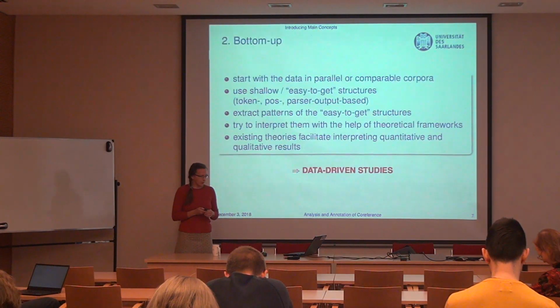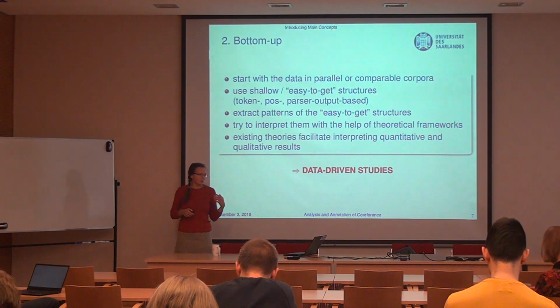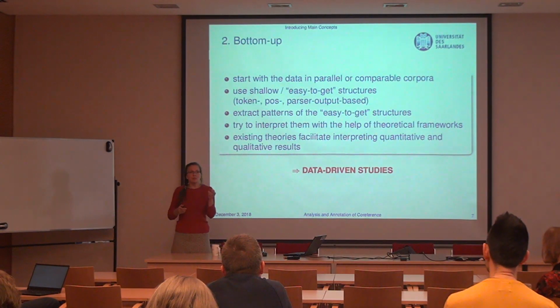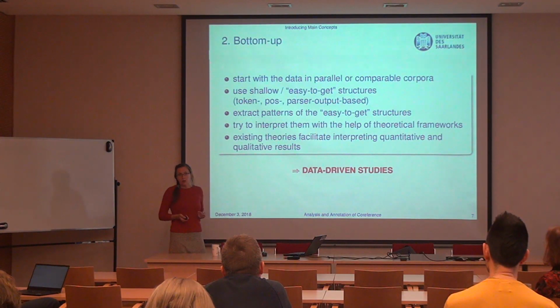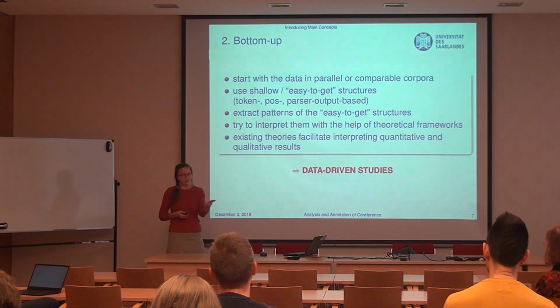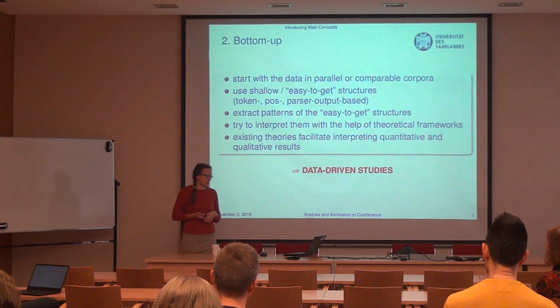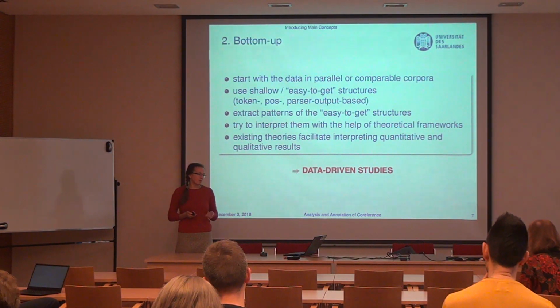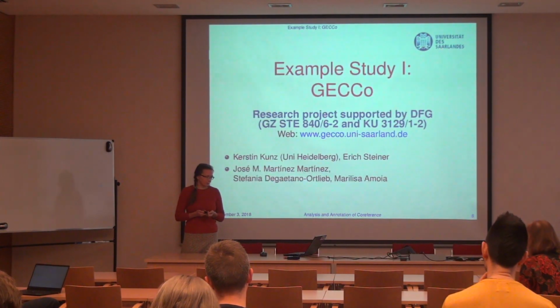And if we start the other way around, so we start with parallel or comparable corpora, we use shallow features, for example, just annotation on the basis of tokens or parts of speech, which we can automatically get, or some outputs from a parser, and then extract patterns and try to interpret them with a theoretical framework, saying, okay, this is a structure which belongs to a coreference chain. And we try to interpret some structures in terms of existing studies, existing grammars.